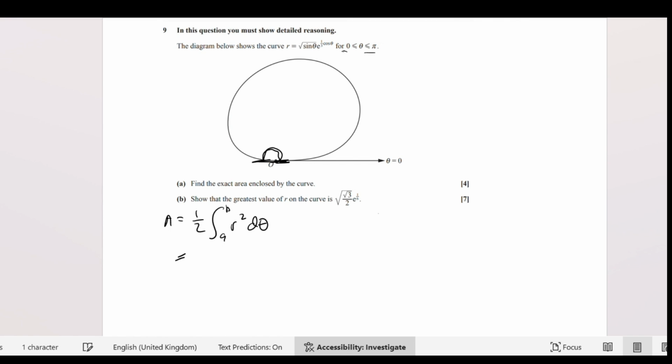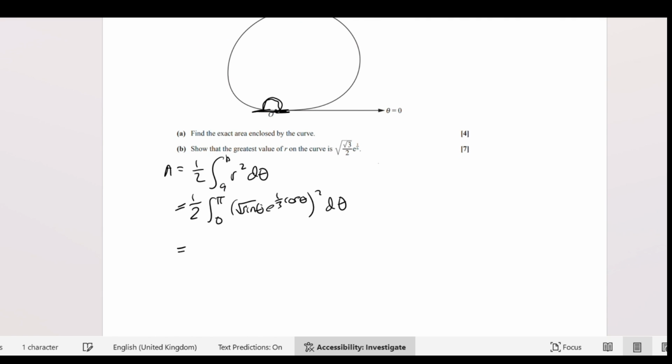We're just going to plug r and the boundary conditions into this integral and solve it. So it's a half, between pi and 0, of r squared, which will be root sine theta e to the third cos theta, squared, d theta. Then we just have to expand and solve.